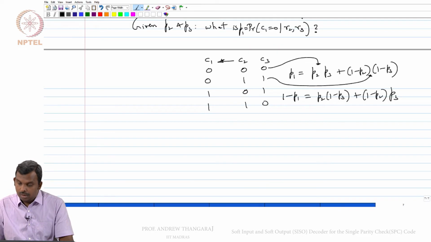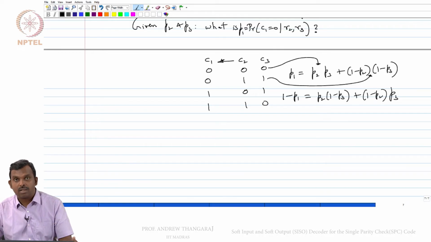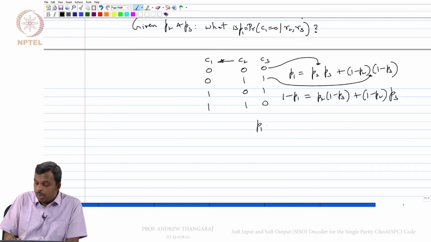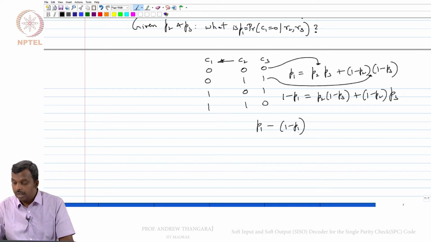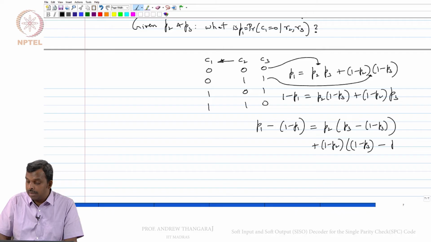So, the most interesting thing: now of course you can start working with this and see what you can derive. It turns out there is a way to slightly simplify this computation. For that one needs to look at P1 minus 1 minus P1. I am going to subtract these two, and you will get this product: P2 times P3 minus 1 minus P3 plus 1 minus P2 times 1 minus P3 minus P3.